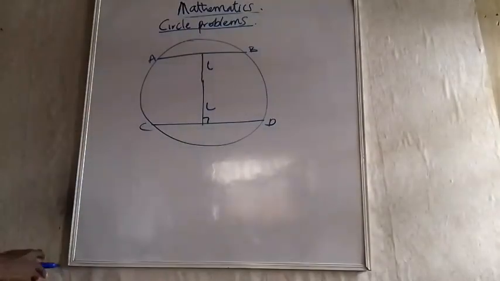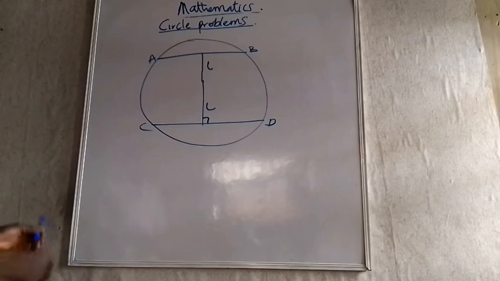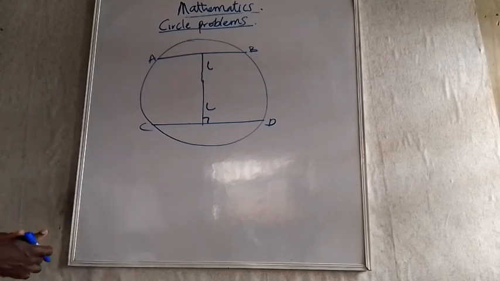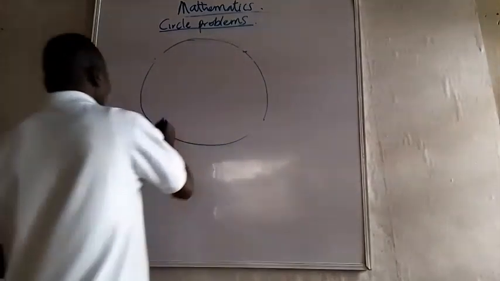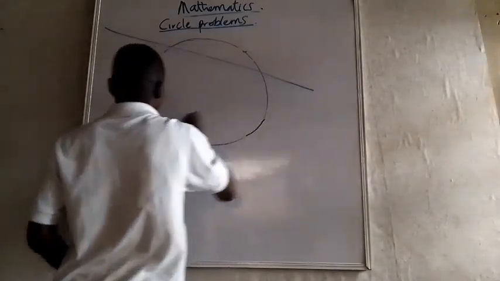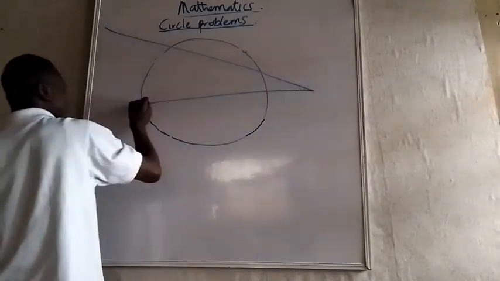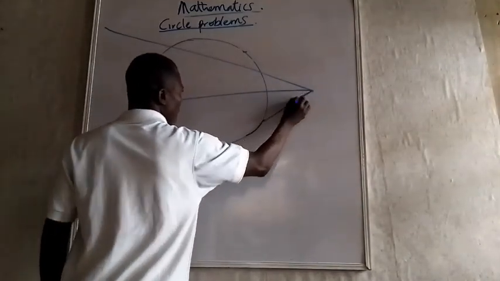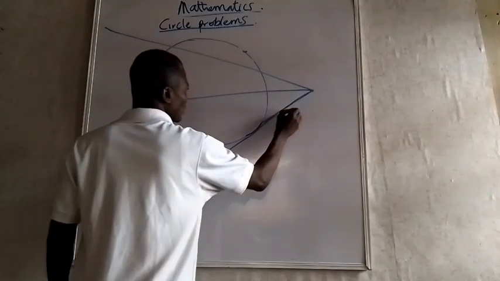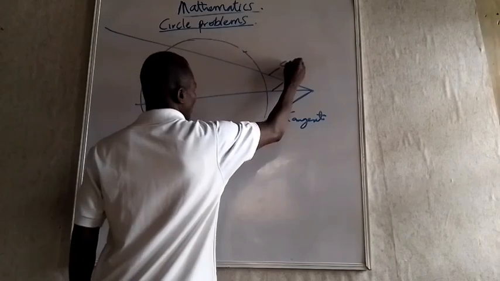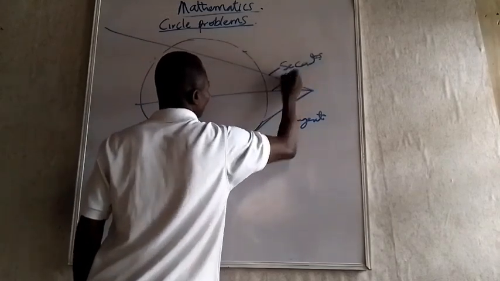Then we also spoke about tangents and secants. Chord, tangent, secants. Like this, this, this. This one is tangent. These are extended chords. They can also be referred to as secants.